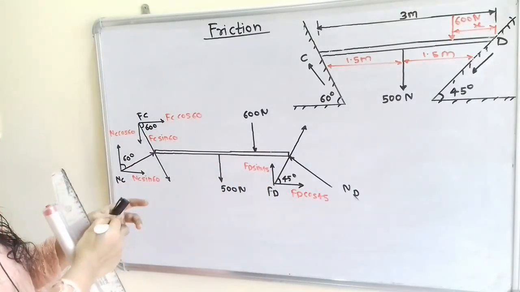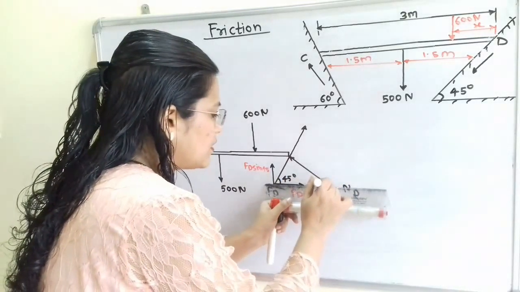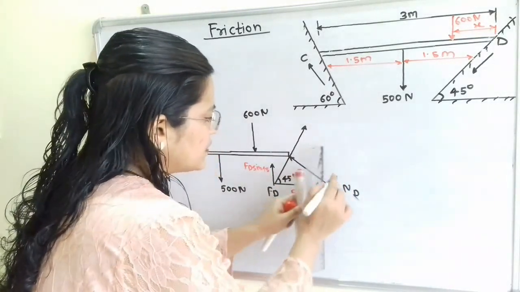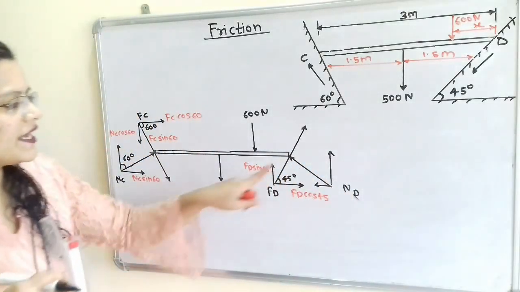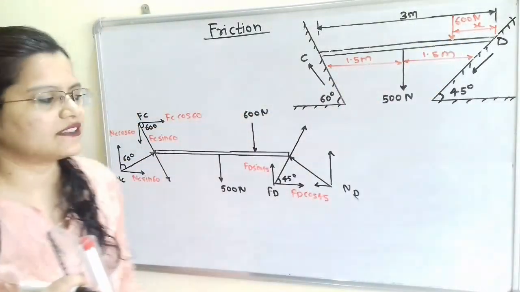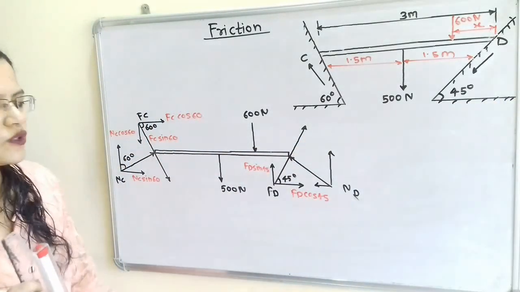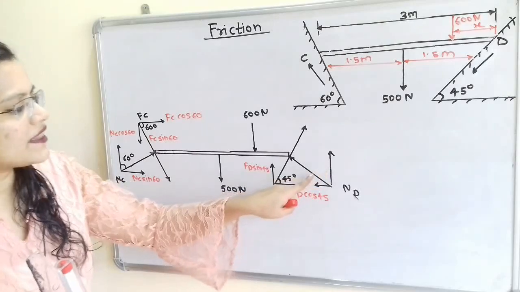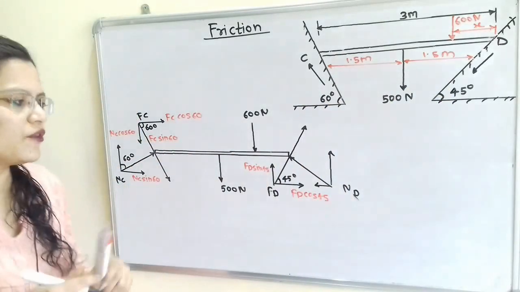Then we will resolve Nd, also into two components, one horizontal and the second one vertical. Now Nd is perpendicular to the inclined surface and this vertical component is perpendicular to the horizontal surface. So these two are perpendicular lines to these two surfaces, making an angle of 45 degrees.